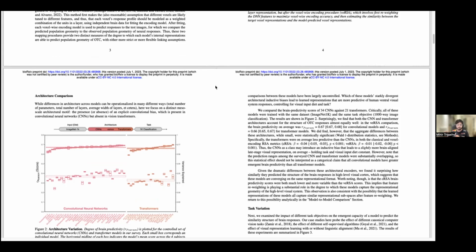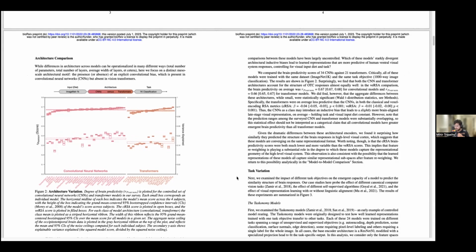CNNs have a convolutional bias, using the mathematical concept of convolutions to extract the features of the image, which is similar to how we humans perceive visuals. So the question was whether this convolutional bias will actually affect the brain activity prediction. Well, the results were not so much, in a sense.